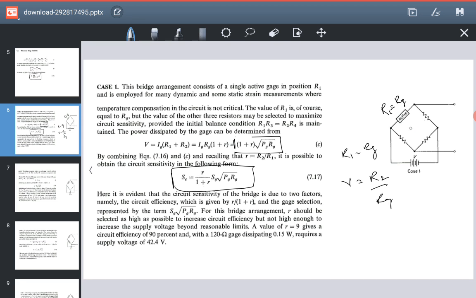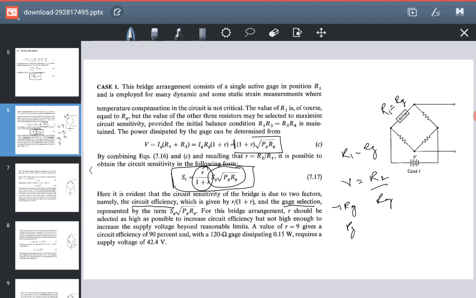So you can see the sensitivity of the potentiometer when one of its resistances is replaced with a gauge resistance depends on 2 factors. The first is the circuit efficiency, which is this factor. It also depends on the gauge selection: what type of gauge are you selecting? The gauge selection will define Rg and Pg, where Pg is the power of the gauge.